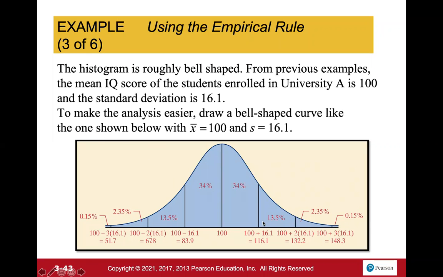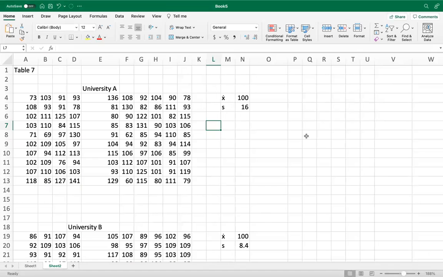So let's go ahead and draw our own bell-shaped curve here. Remember, the majority of the data is going to surround our mean. So here we have 100. And 1 standard deviation below, we're just going to subtract 16.